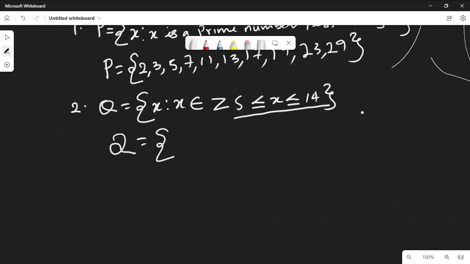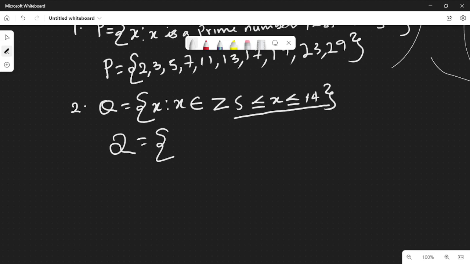What this simply means is that X is a number between 5 and 14, inclusive. That is, 5 and 14 are inclusive. And how do I know that it is inclusive? Because this is less than or equal to. Since it is less than or equal to, it means this one is inclusive.